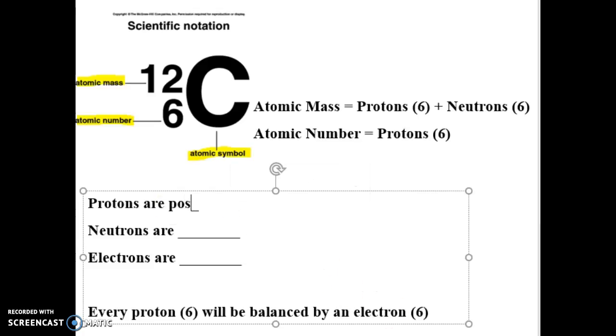The other thing we want to keep in mind, when we talk about energy: protons are positive. Protons carry a positive electrical charge. Neutrons are neutral, meaning they don't have an electrical charge. And electrons are negative, meaning they carry a negative electrical charge.